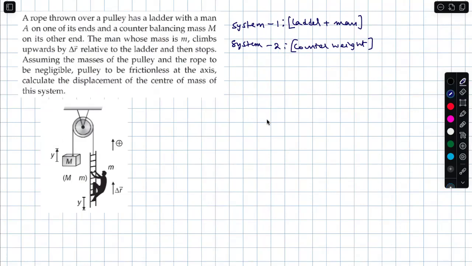When no external force acts, the center of mass will not displace. So in this case, displacement of the center of mass, you will write it as M1, M2, M3, likewise.